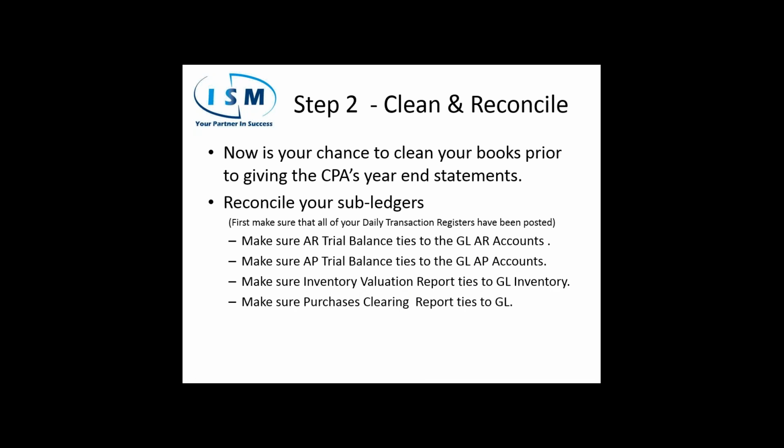Most likely you'll be calling us to assist you with reconciling your inventory. But certainly on a monthly basis, you want to make sure that your valuation report or trial balance ties to your GL. And finally, make sure your purchase clearing report also ties to the GL.